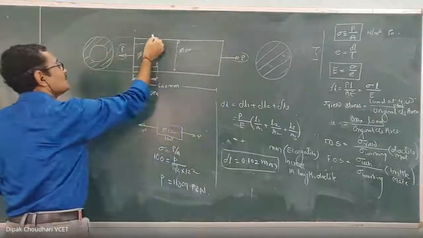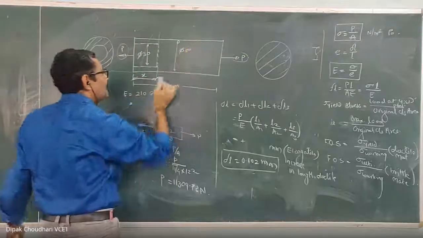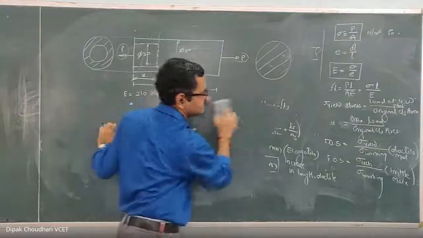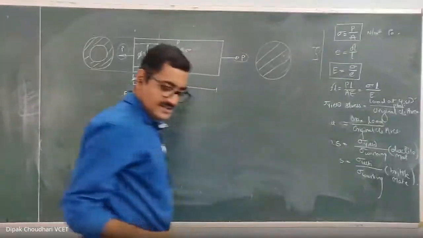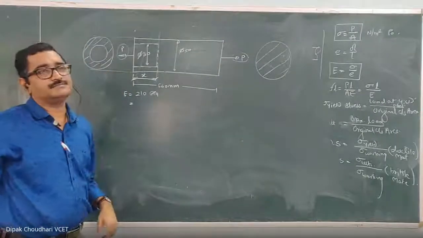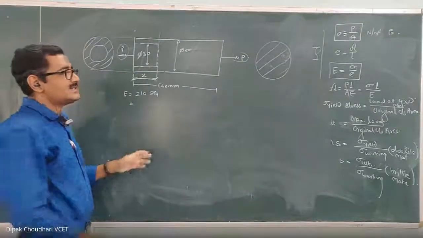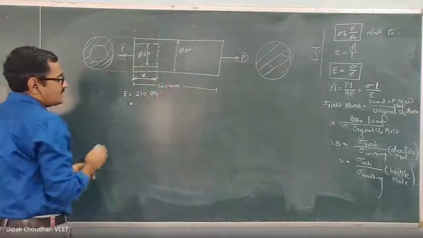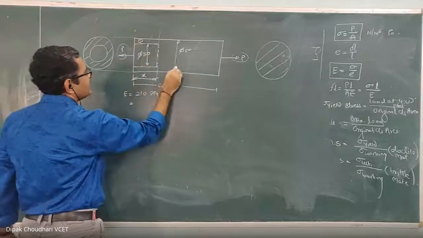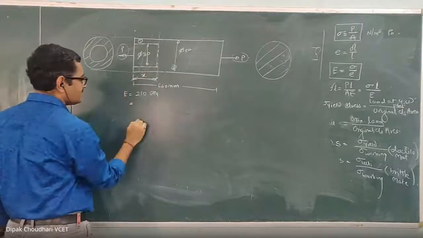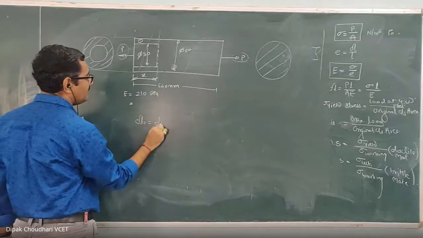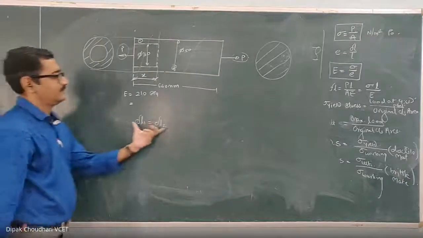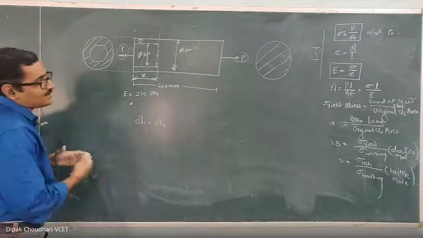If you consider the axial force on this first part, it is P. On the second part, it is also P. So you have to find the depth of this drill hole x such that for any axial force, the deformation of the hollow part should be equal to the deformation of the solid part. If I consider this as 1 and this as 2, I have to calculate x such that delta L1 should be equal to delta L2. Have you understood this condition? Okay.